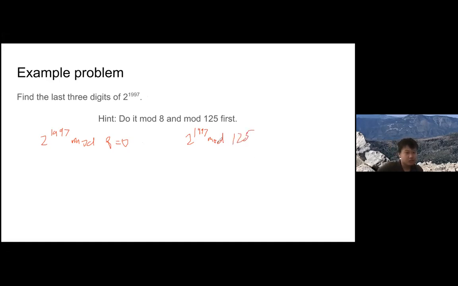So we know we can't use this quick trick, it's not divisible by 125 anymore. But now that 2 and 125 are relatively prime, we can use this theorem: 2 to the phi of 125 is 1 mod 125. So what's phi of 125?